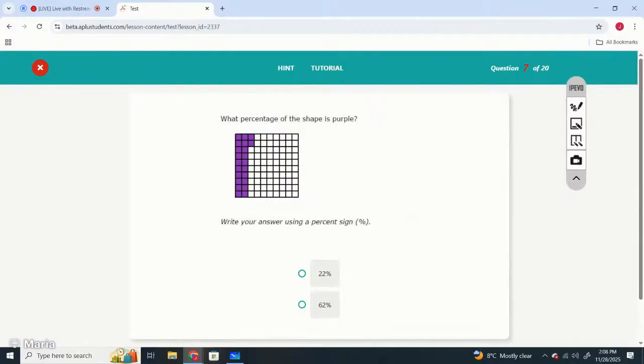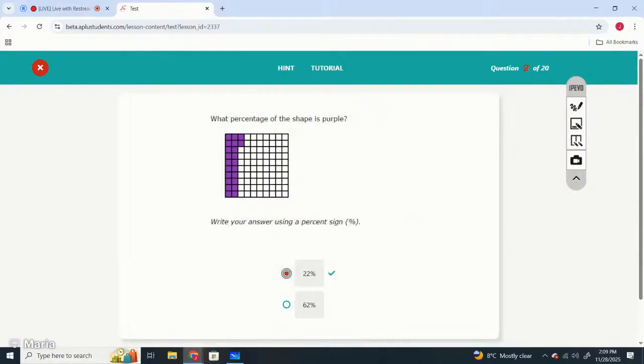What percentage of the shape is purple? So, which is the correct option? The correct option is 22%. Option number 1 is the correct option. 22% of the shape is purple.